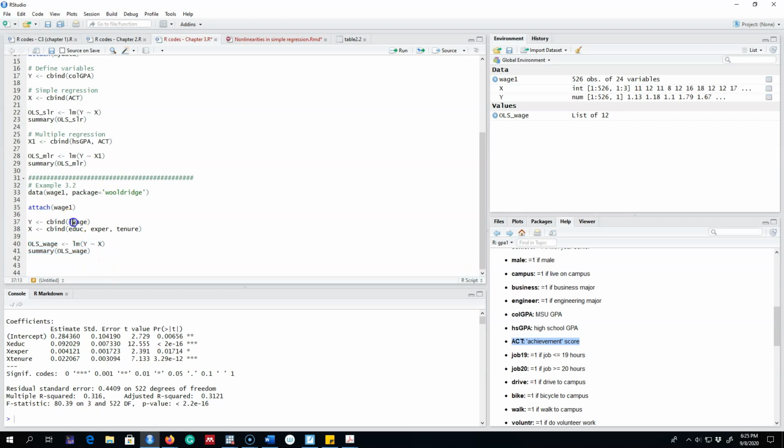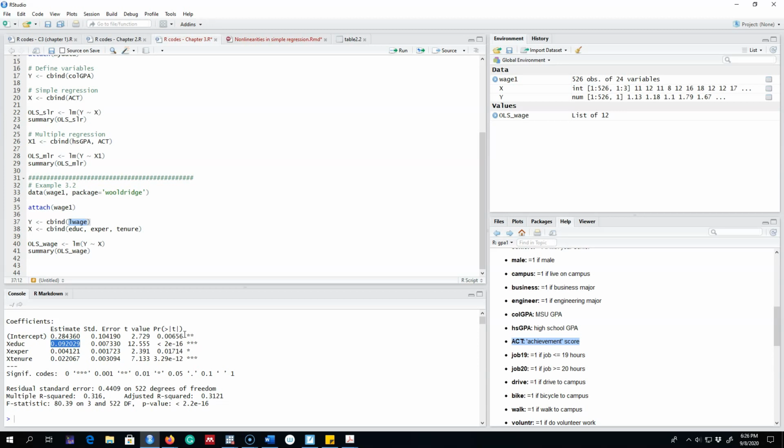Remember, our wage variable is represented in logarithmic form, so we are using a log-level linear model equation. In this form, this beta coefficient, or the slope coefficient, represents the semi-elasticity of wages with respect to education. That is, holding all other factors constant, which in this case are experience and tenure, adding another year of education increases wages by about 9.2%.